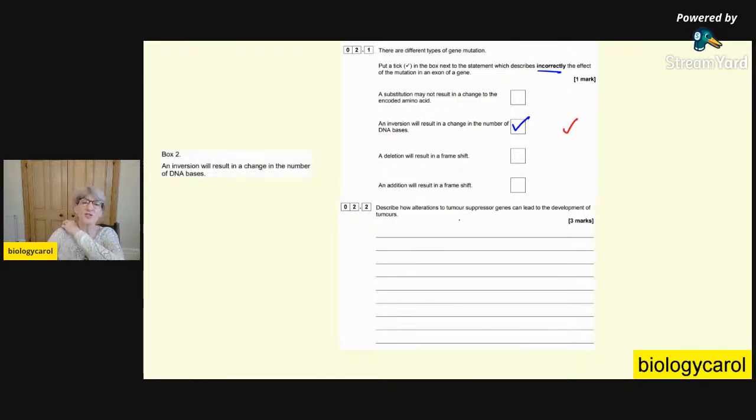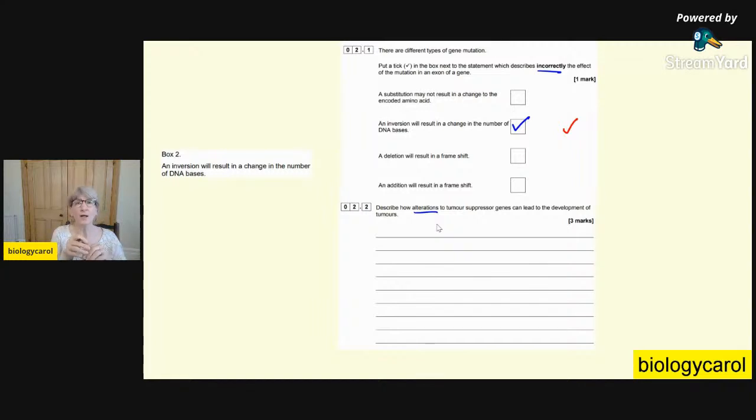Okay. Describe how alterations to a tumor suppressor gene can lead to the development of tumors. Now, this is about reading the question, because notice it's not just about mutations, it's about alterations. Anything that alters a tumor suppressor gene.